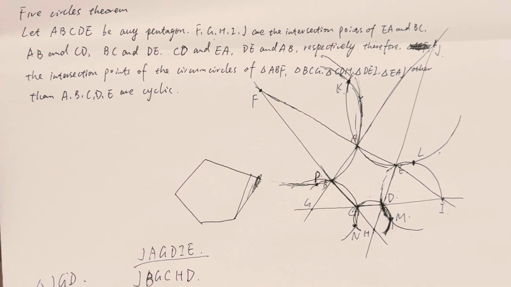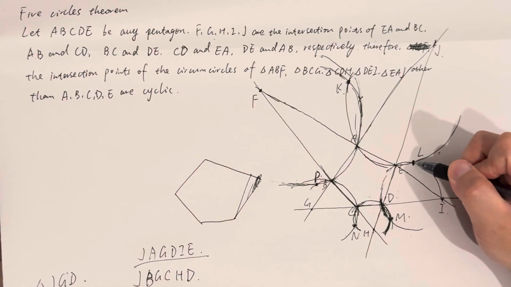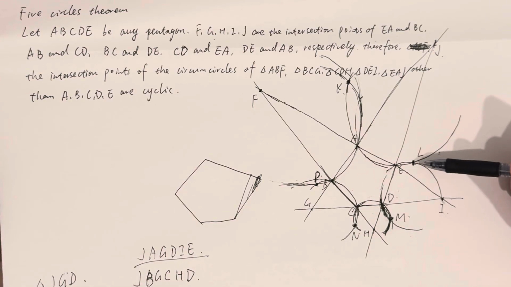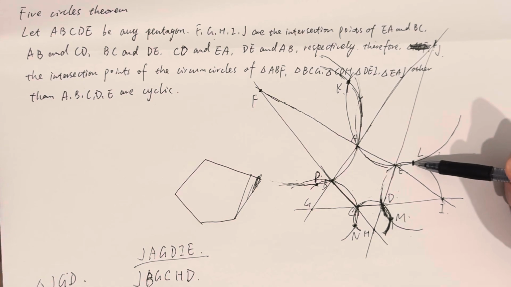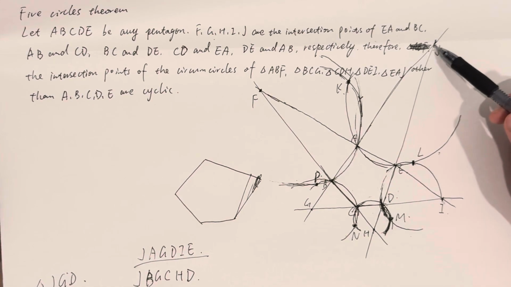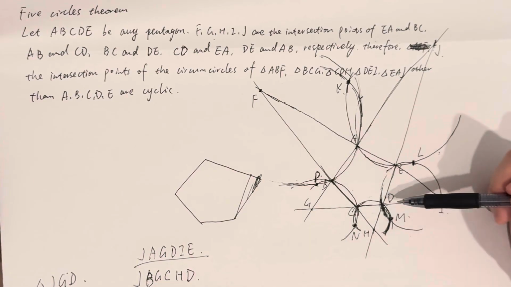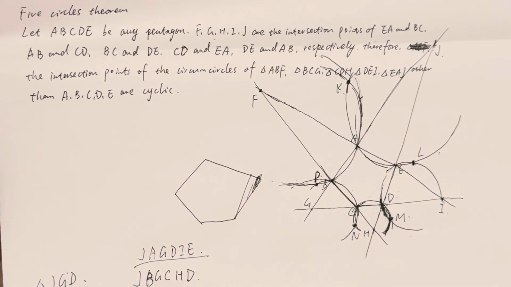That's from the complete quadrilateral theorem. Okay, and that point is this point, the point L, which means point L is also on the circumcircle of triangle JGD.